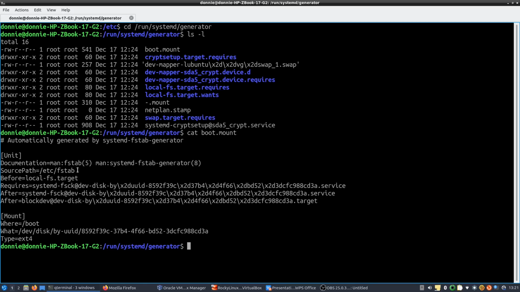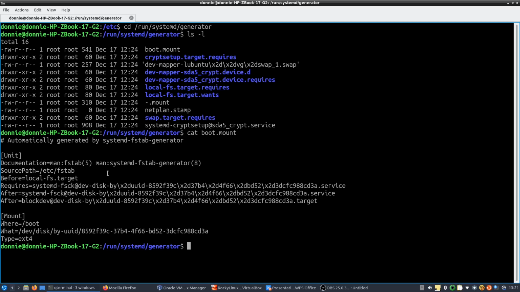It is reading in the fstab file from the etc directory. And then we have the targets there. We're going to have this before the local file system target. And a target is just a collection of different services and whatever else that all work together to serve some particular purpose, right?